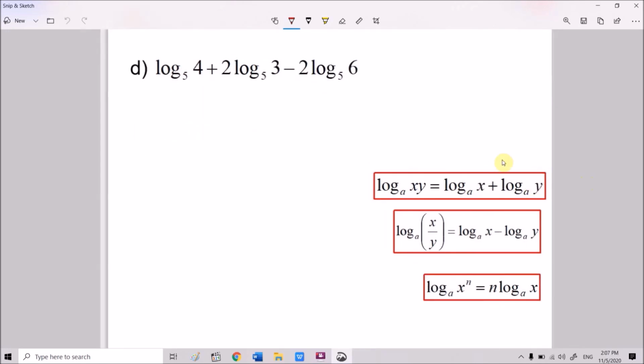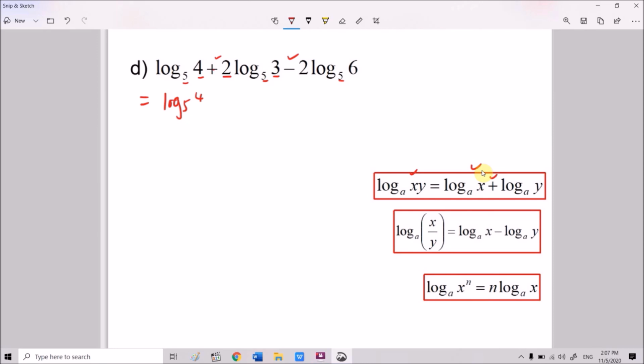Okay, next, since we have all the same base here, we try to simplify them by using this formula. So the first one, since there's a plus here, we can use the product law. So we have log base 5 of 4. Okay, but you see here, before you can multiply this, you need to settle this value of 2 here first.